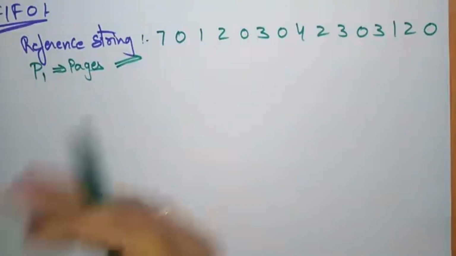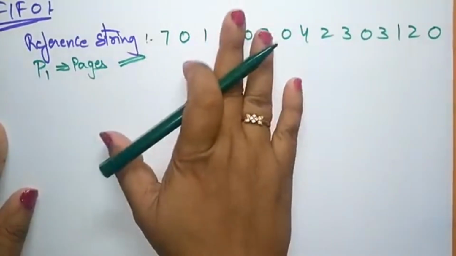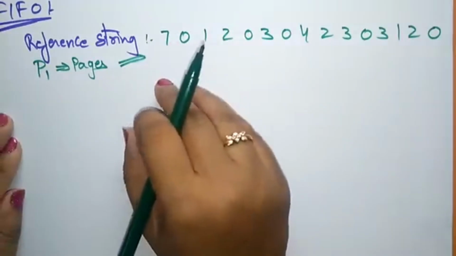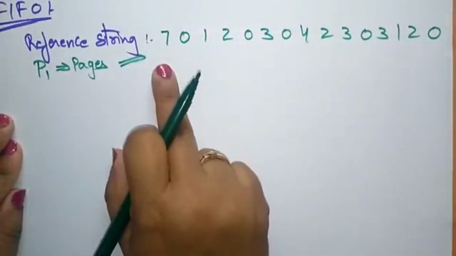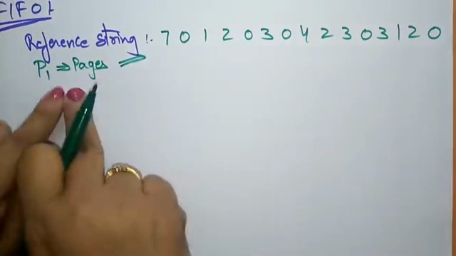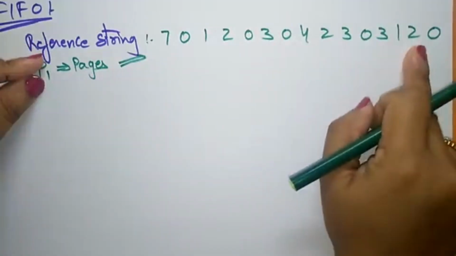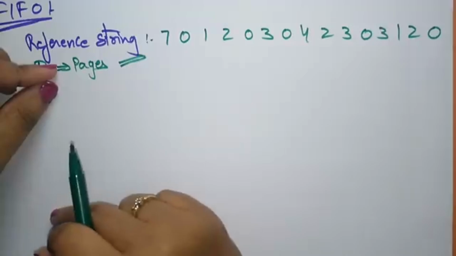Whatever page the CPU is demanding, if that page is not present in the main memory, we call it a page fault. Whenever a page fault occurs, we have to bring that reference page, demanded by the CPU, from disk.